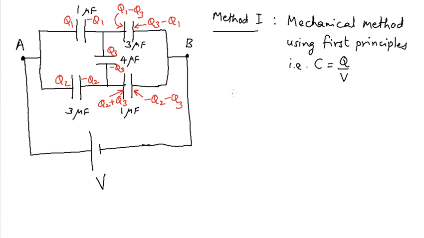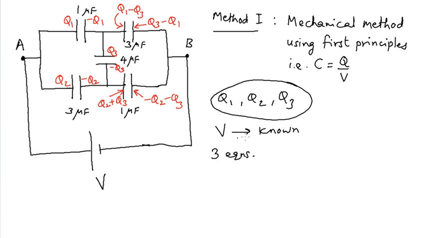Now you notice that there are totally 3 unknown charges, and they are Q1, Q2 and Q3. V is not treated as an unknown, it's a known EMF, and so we basically need 3 equations in order to find Q1, Q2 and Q3 in terms of V. And these 3 equations are going to be the 3 loop equations.